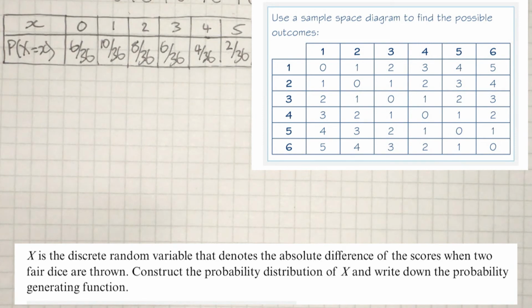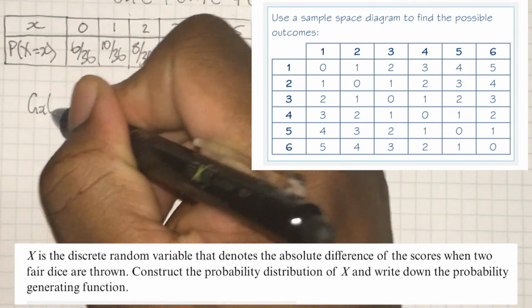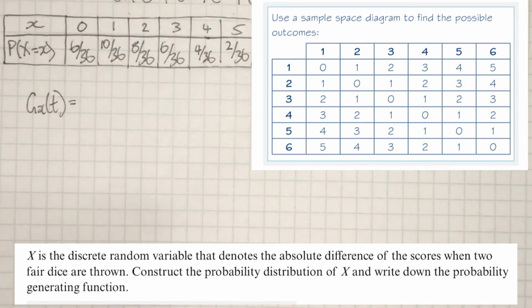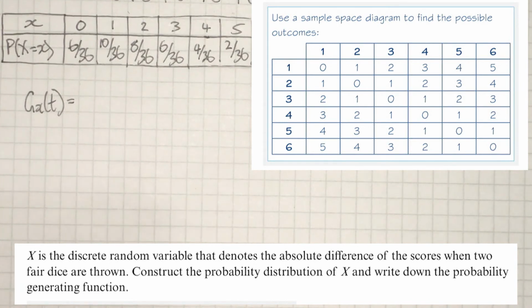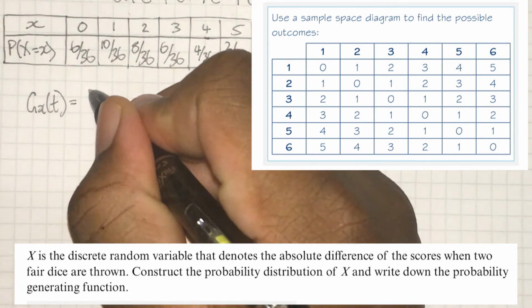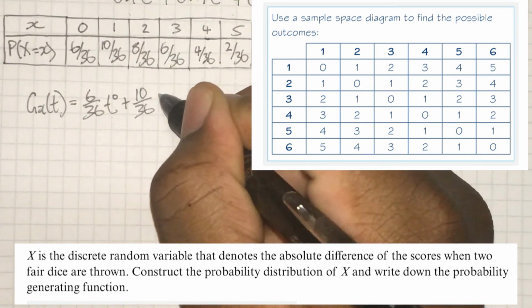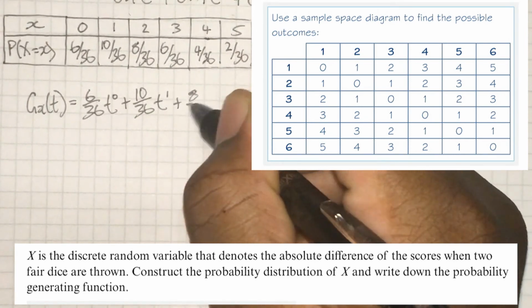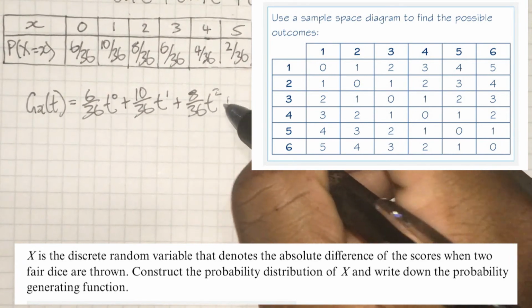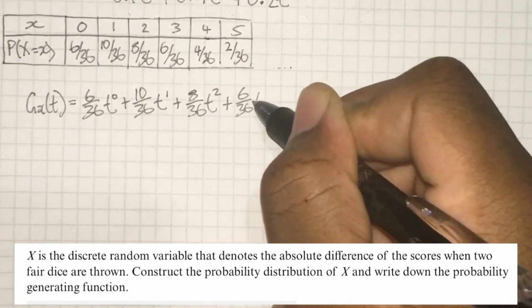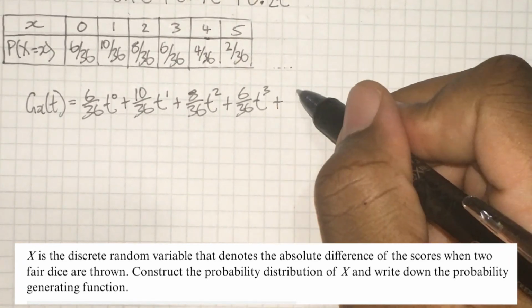So this is the probability distribution, and from here we would be expected to produce the probability generating function: probability multiplied by t to the power of the score. And we'll do that until we have the entire probability generating function.